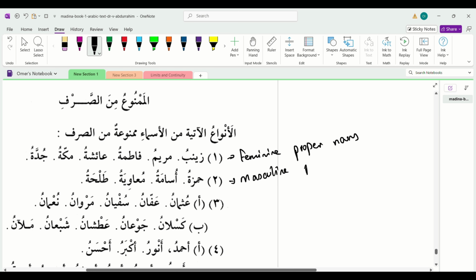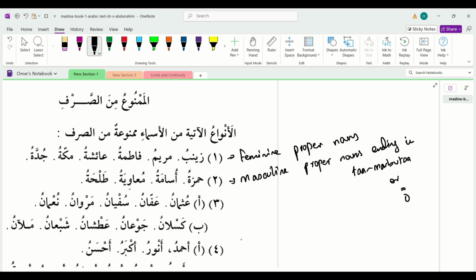Masculine proper nouns ending in ta marbuta: Hamzatu, Usamatu, Muawiyatu, Talhatu. Third are proper nouns that end with an.